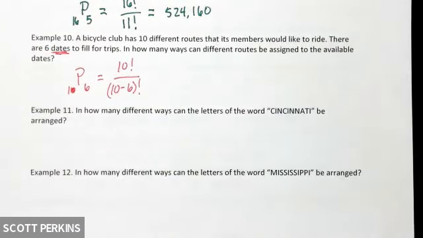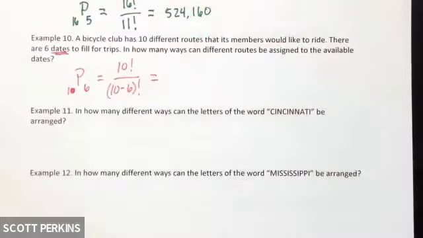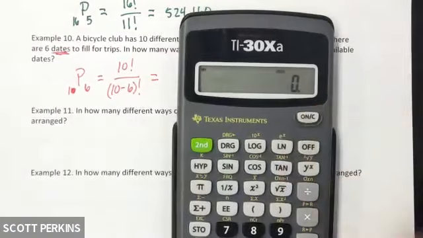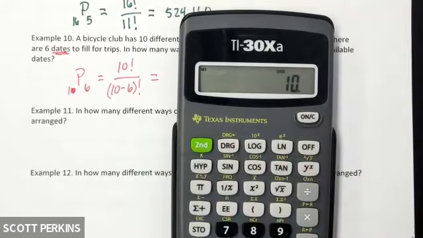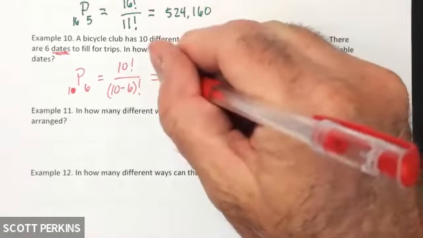So remember, the numerator is the permutations of all the objects. The denominator is the permutations of the objects that I'm not using. And then at this point, I'm going to go to my calculator and I'm going to say, okay, here we go. I've got 10 objects, permutations. I'm using 6 of them, and that is 151,200 different permutations.